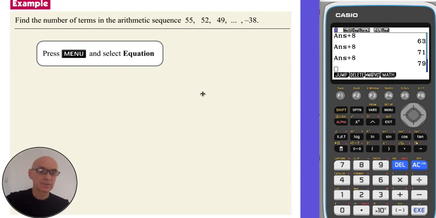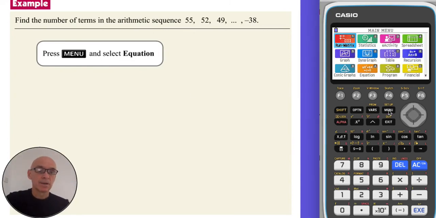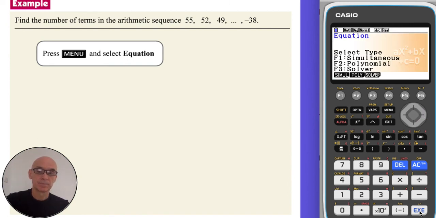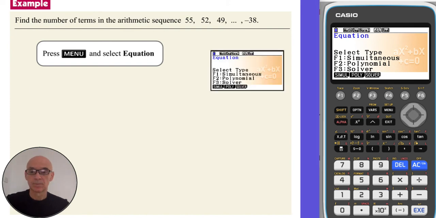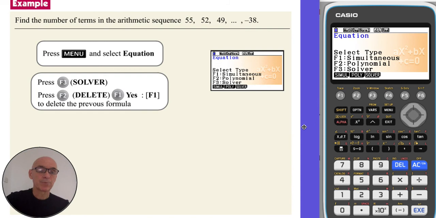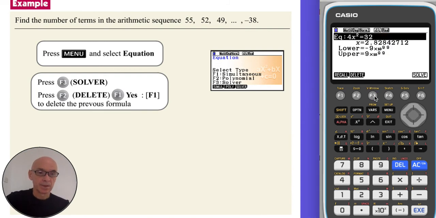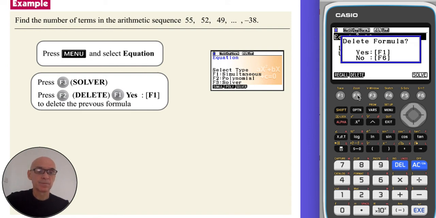And to do that, if we go back to the main menu and select equation, then if we press F3 for solver and F2 to delete any previous equation and F1 to confirm that deletion.